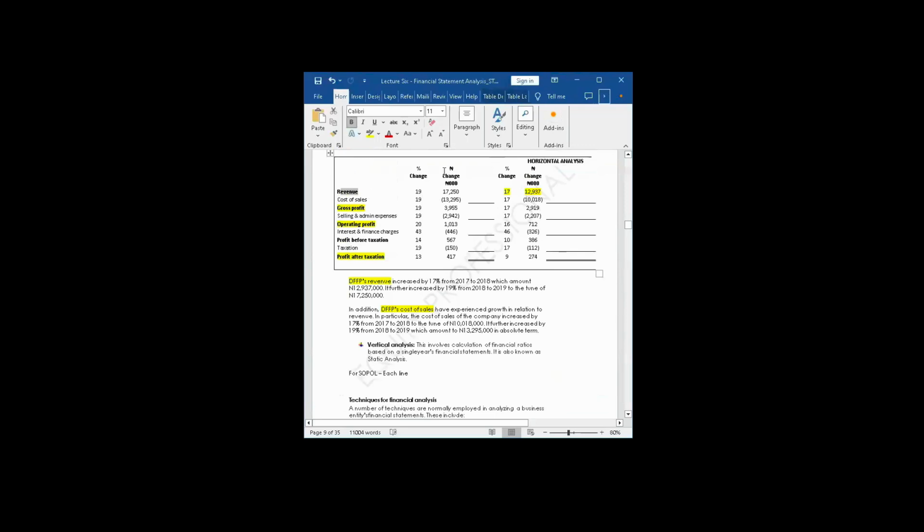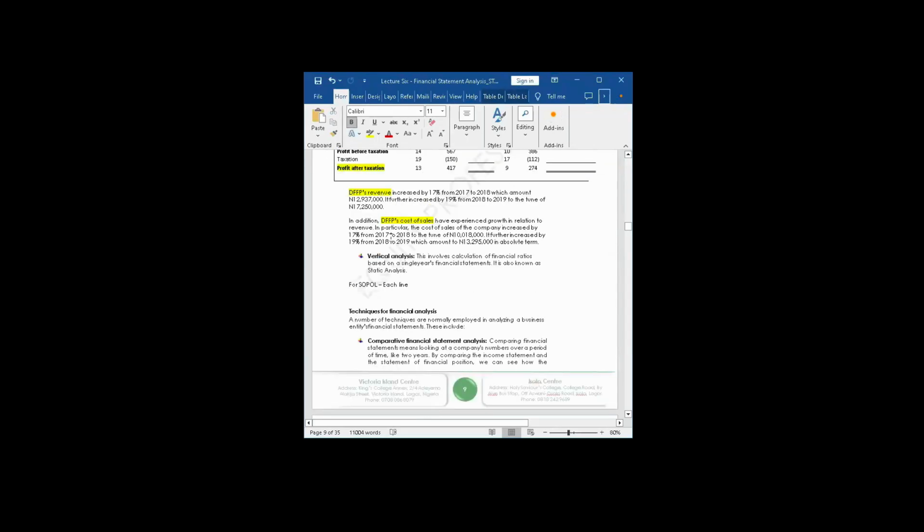So for statement of profit or loss, for instance, it will help us to convert each of these line items as a percentage of revenue. Each line item divided by revenue times 100. Okay.